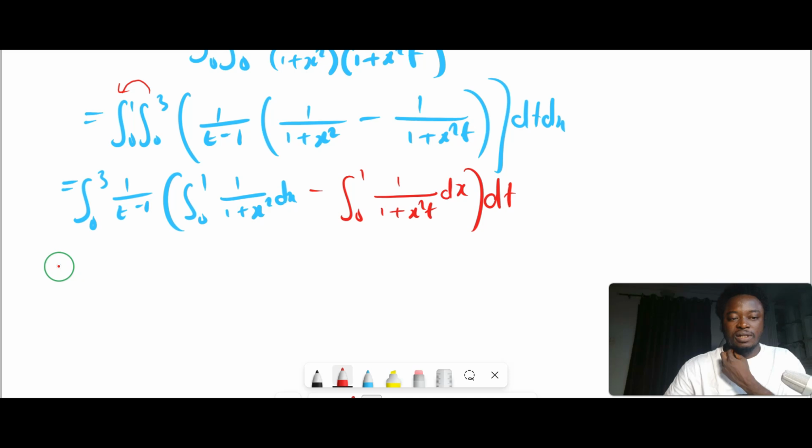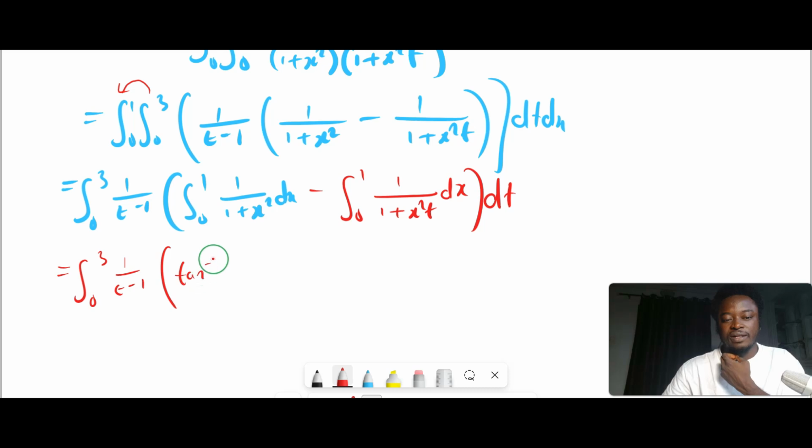So now this equals the integral from 0 to 3 of 1 over t minus 1. Inside here, this is basically tan inverse of x, evaluated from 0 to 1.